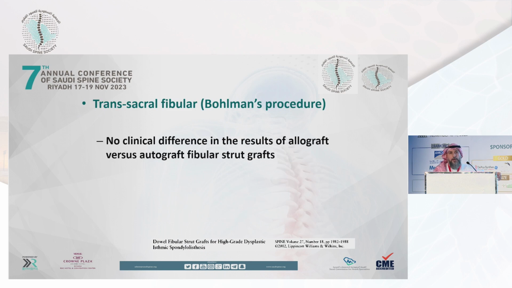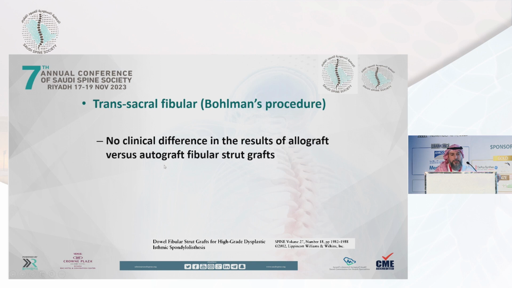We know that if you have a balanced patient, as per the deformity study group type 5, you might consider fixing after decompression, and then you will need to do a good fusion. That is the Bohlman procedure, where you place a bone graft, classically a fibula, through S1 to the L5.